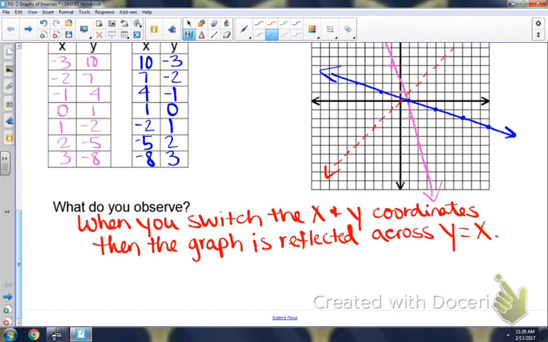So anytime you're switching the x and y coordinates and then graphing a new graph, then that is just making a reflection across the line y equals x.